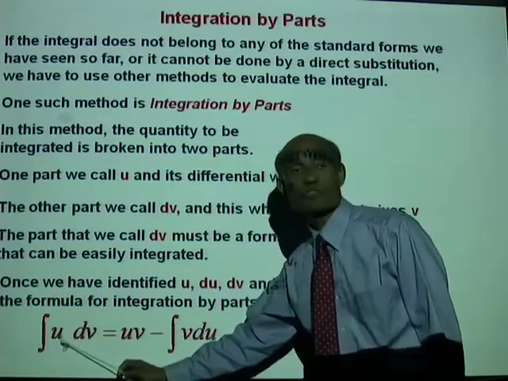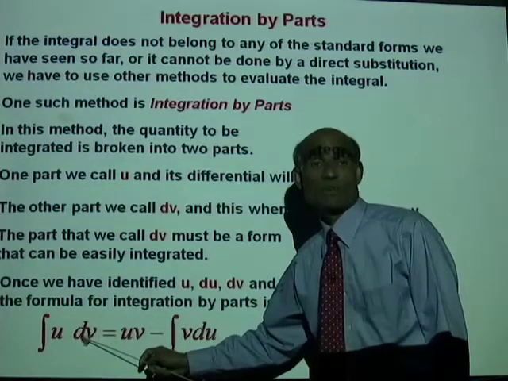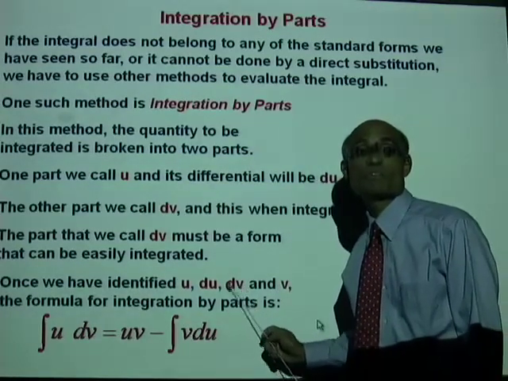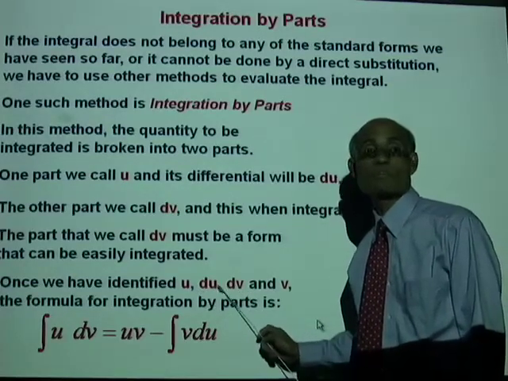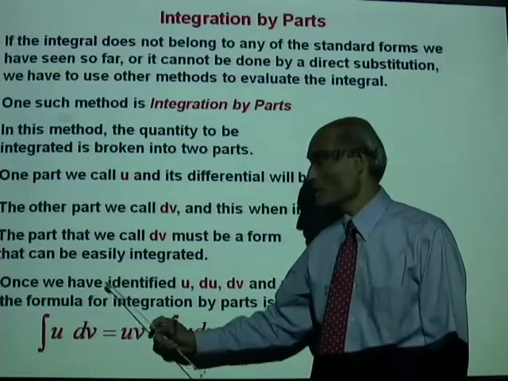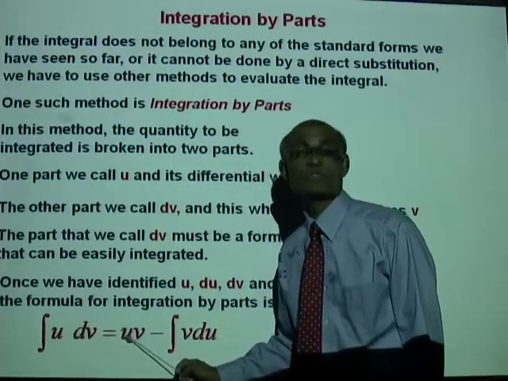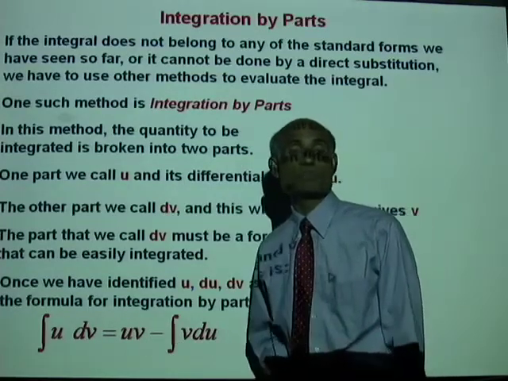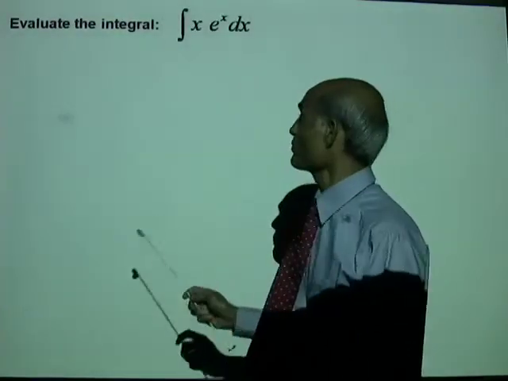Once you have u, you can find du, and you have dv, and integrating it will give you v. So these are the four quantities you need. Once you have these four quantities, the integral of u dv is uv minus integral v du. Alright, let's practice that with this example.